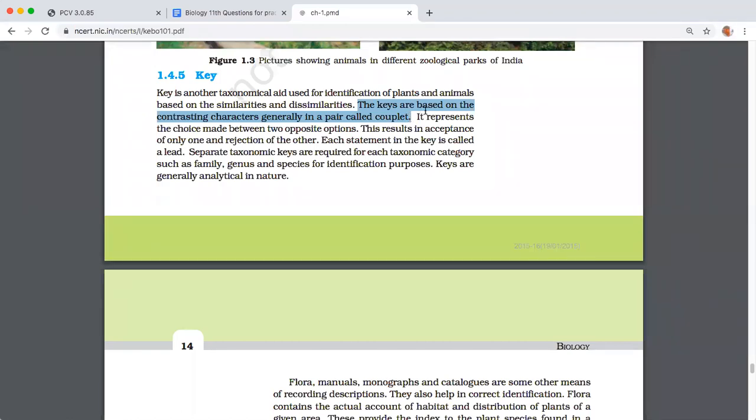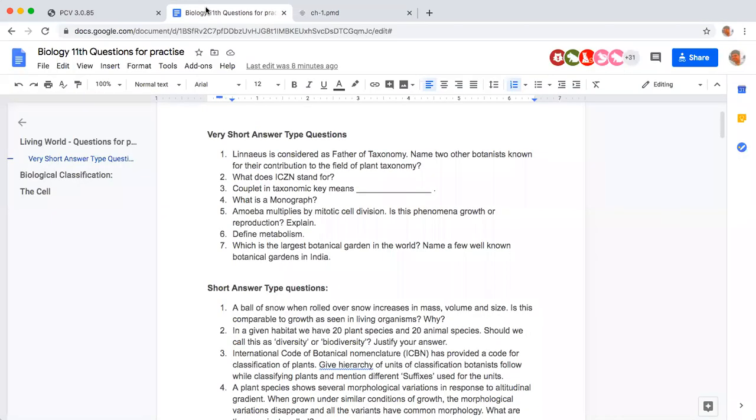The keys are based on contrasting characters, generally in a pair called a couplet. Each statement is called a lead.